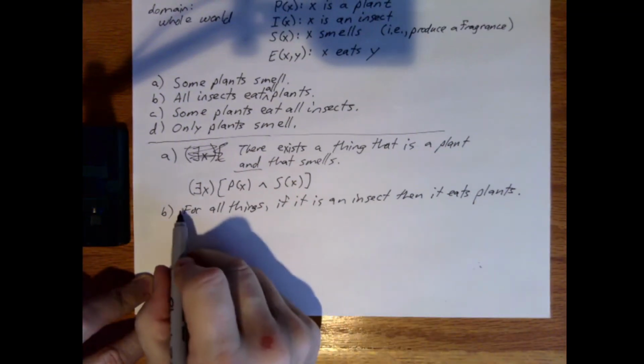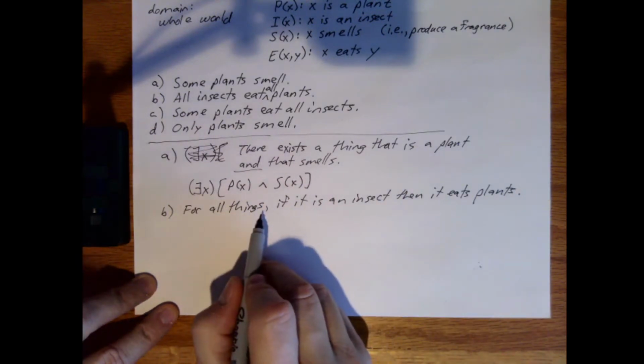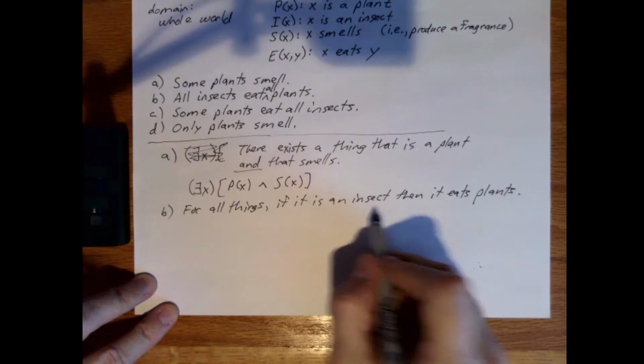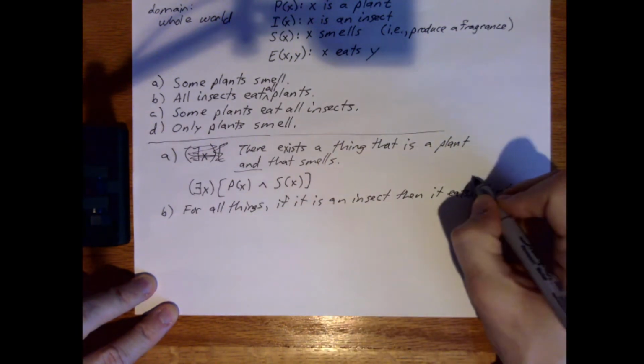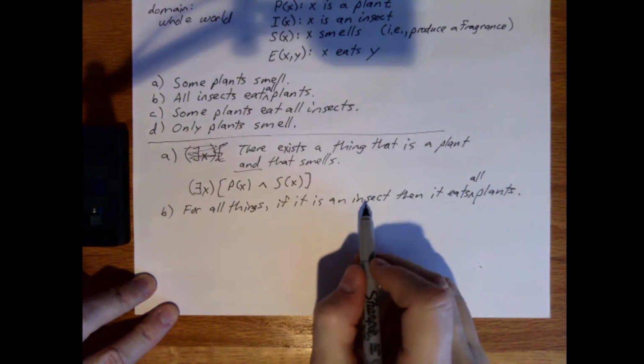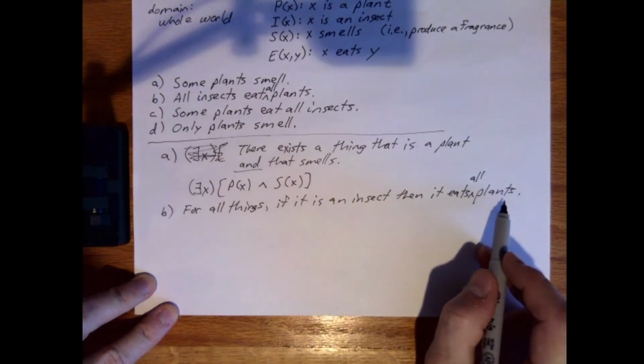Right? For all things. Universal quantifier. But now what are we talking about here? We have for all things, if it's an insect, then it eats. Remember, I said we were implying all plants. So really we're saying all insects, which I actually did literally right here, and all plants.